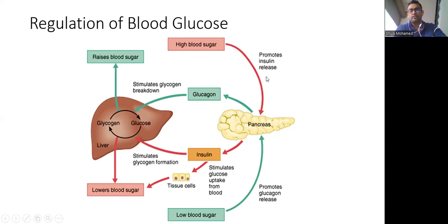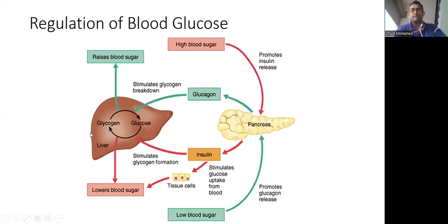So here, if you look at when there is a high blood sugar, that will promote insulin release from the pancreas, beta cells. Then that insulin stimulates glucose uptake from the blood, so it reduces the blood glucose level in the periphery. Again, it will stimulate the glycogen formation. So wherever you have excess glucose, that is converted into glycogen and stored in cells, especially the liver.